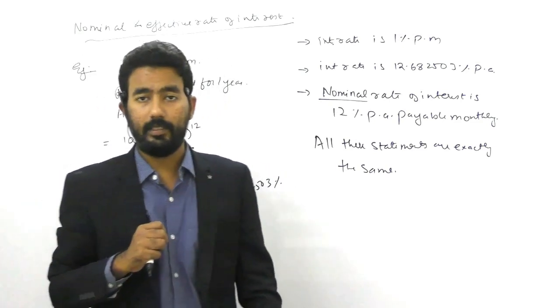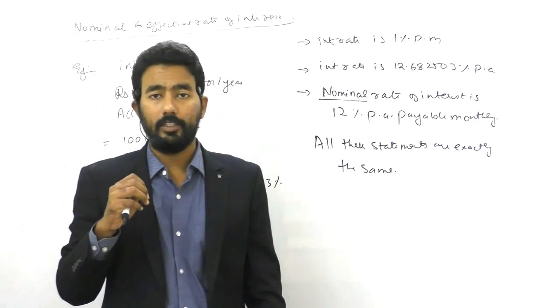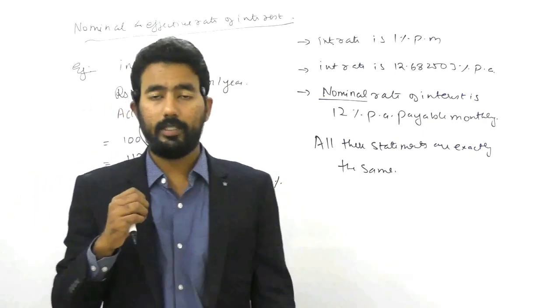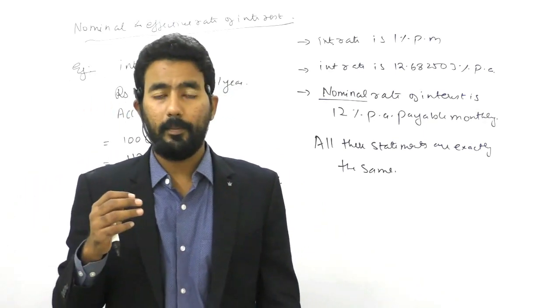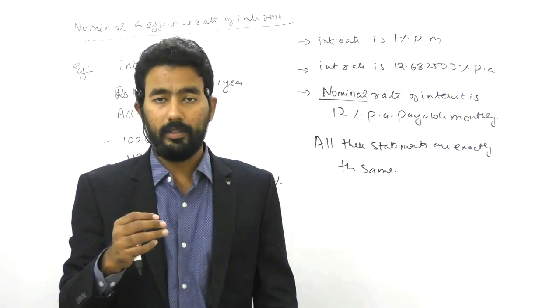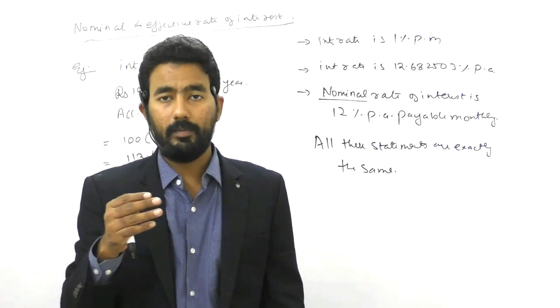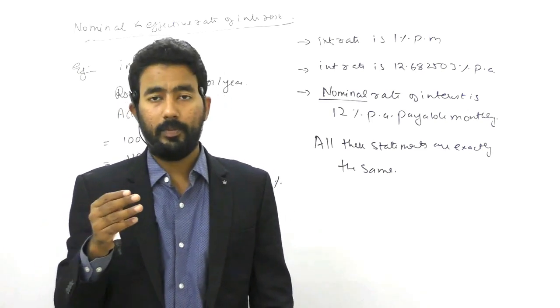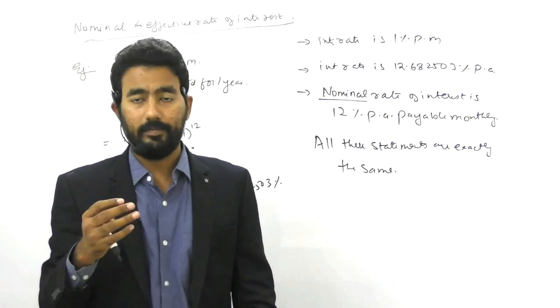So as a standard way of writing, the banker would tell a consumer that your interest rate is 12% per annum but payable monthly, because 12% is a figure that clicks very easily to him.